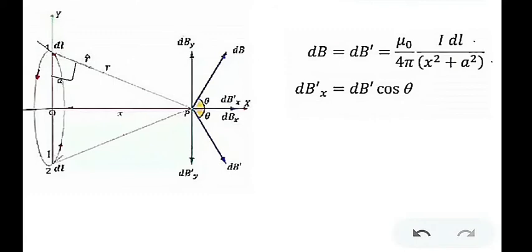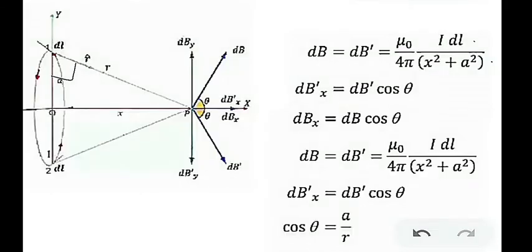So dBx equal to dB cos theta, where dB equal to dB dash, mu naught upon 4 pi I dl upon x square plus a square, and cos theta equal to a upon r. Now put the value of this dB dash and this cos theta here.